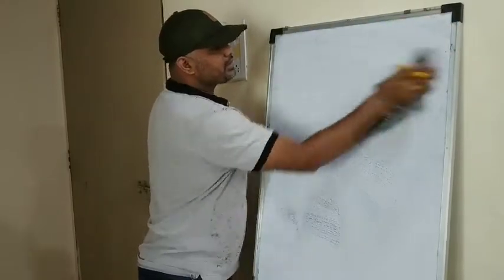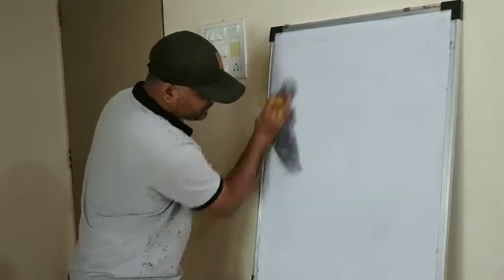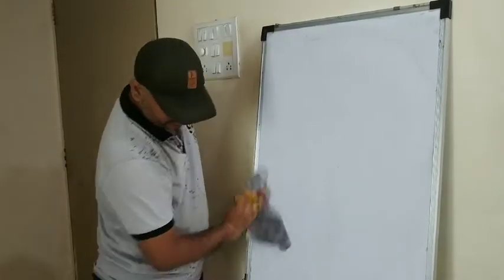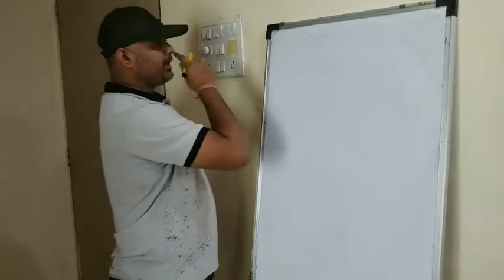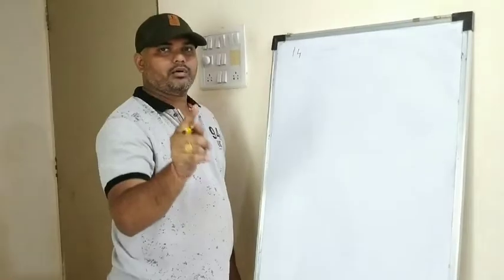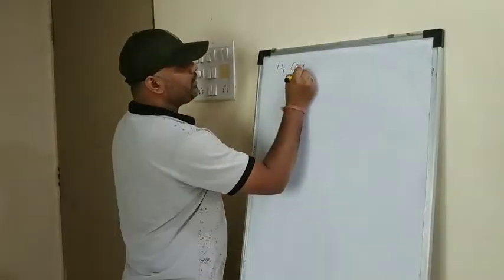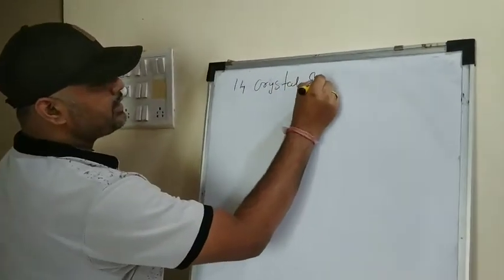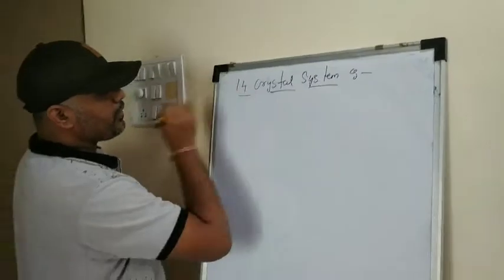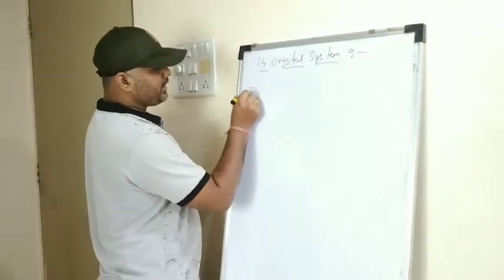Now based on these types of unit cell, we are going to classify the 14 crystal systems. This is very, very important. Let's understand. I request all the students to note down these 14 crystal systems. Right? So let's draw one table, and with the table you can understand what types of crystals there are.